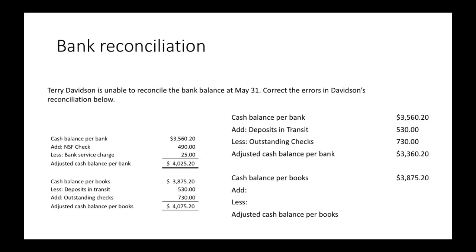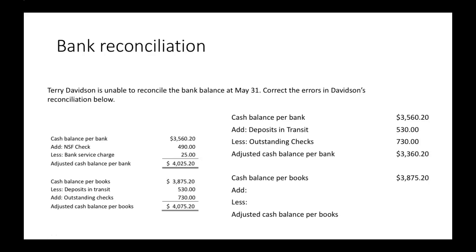So we know that there's two pieces left, right? We have the NSF check and we have the bank service charge. Those are both going to go on the per books side of a bank reconciliation. We need to think about, okay, is it going to increase or decrease our cash balance? So let's start with an NSF check. An NSF check, like we said, was a not sufficient funds check.